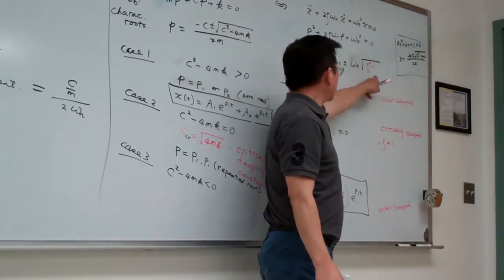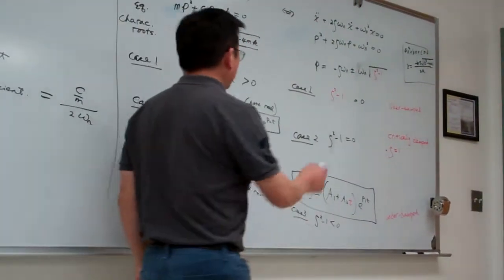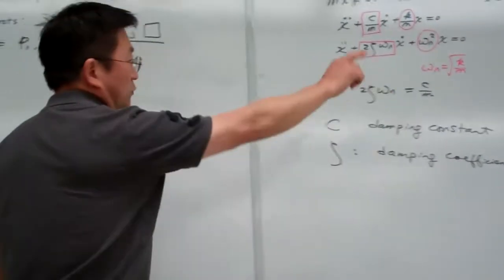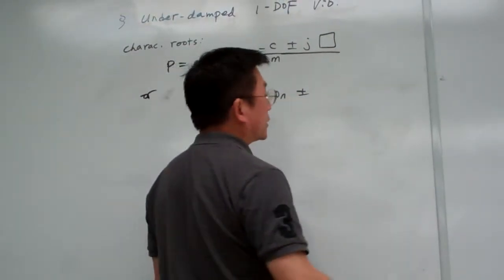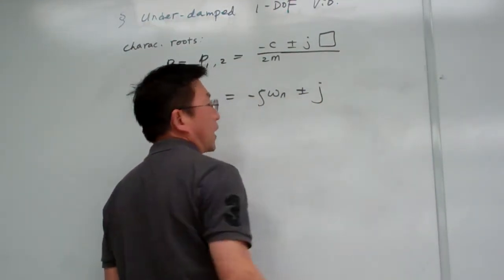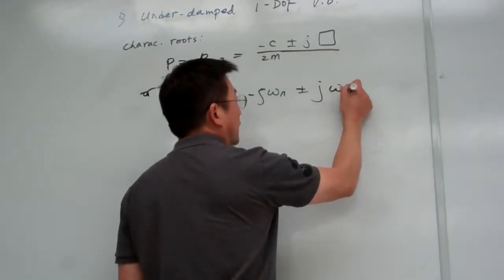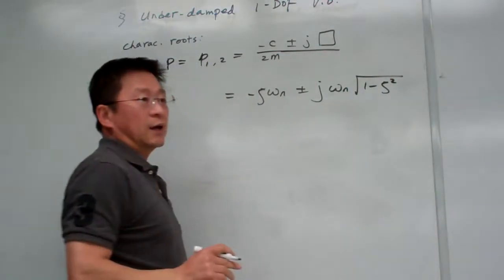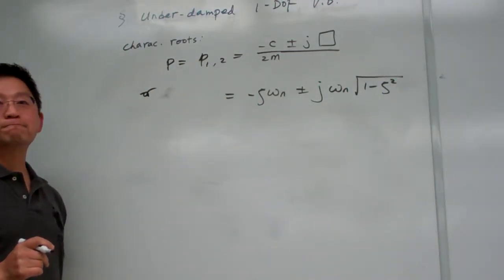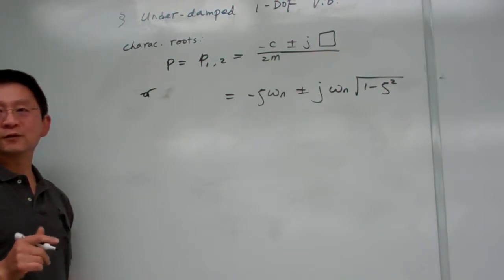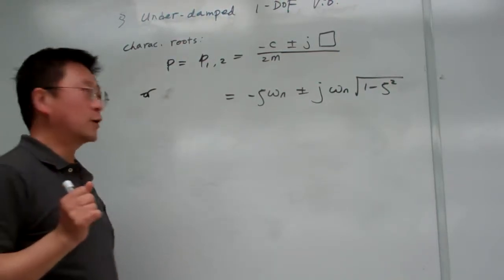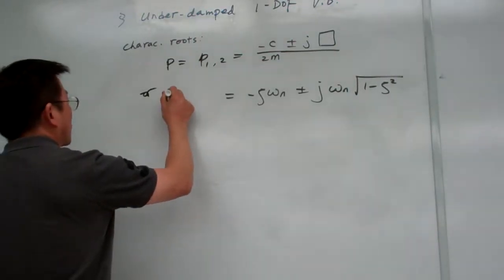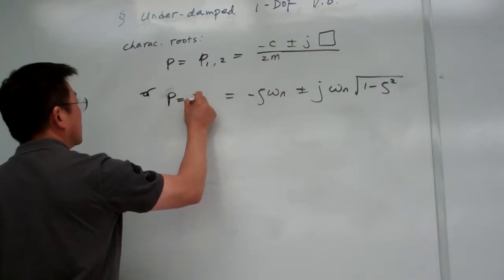If this is negative, you compare these terms with what I'm going to write here carefully. Because the square root in that expression is negative, basically we have a complex number multiplying omega n. If that is negative, I simply swap the order and it becomes positive. Any questions? Okay. So that is our characteristic root.